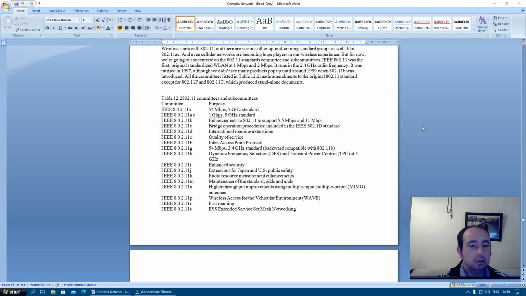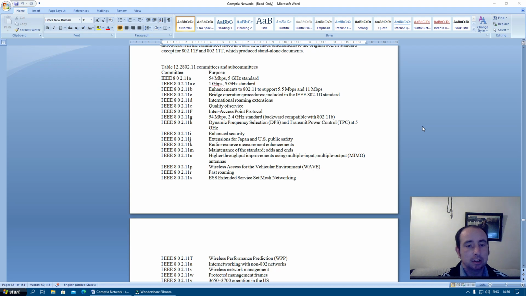Table 12.2, 802.11 committees and subcommittees. Committee and purpose. IEEE 802.11a: 54 megabits per second, 5 gigahertz. IEEE 802.11ac: 1 gigabit per second, 5 gigahertz.